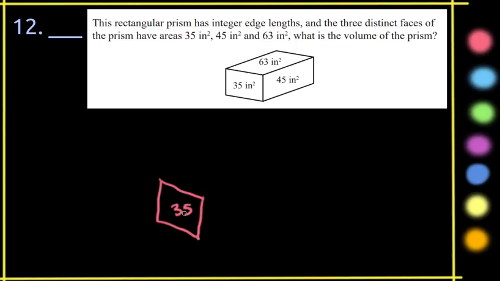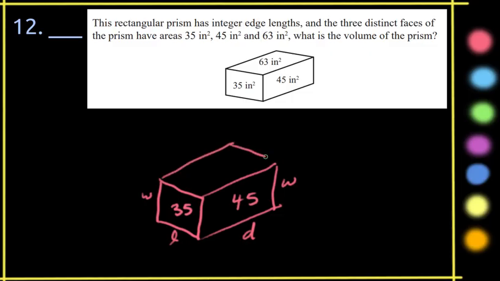So 35, we know that has to be the width here times the length. And then this 45, well, let's call this one the depth. And so that's going to have to be this depth times the width is going to have to be 45. And then if we look at the top face here, we've got 63. That's going to have to be the product of, this is the length, and this is what we call the depth.